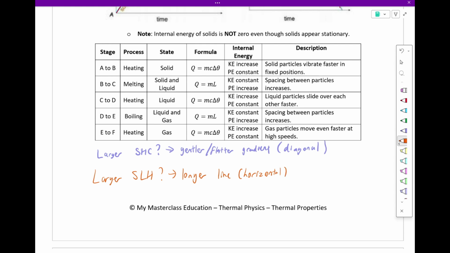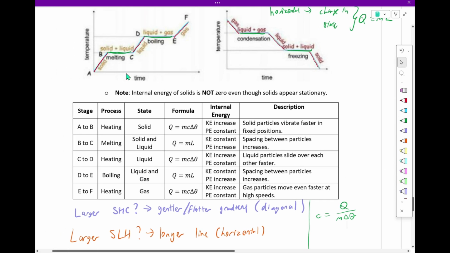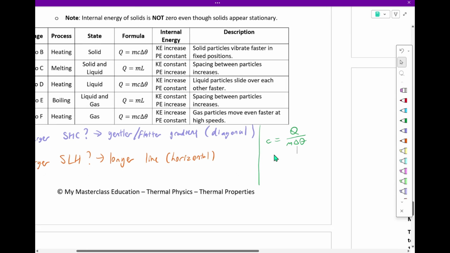Now there is a reason why we are talking about it in these terms, so let's explain it. We know that specific heat capacity, small c, is Q over m change in theta. If we take the change in temperature to be constant, then we are just comparing Q and specific heat capacity, keeping the denominator constant.